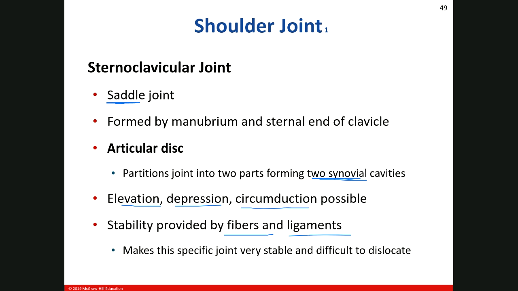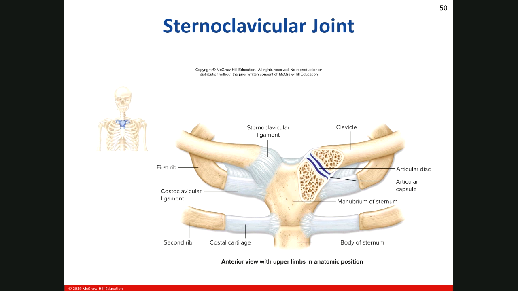What holds this joint together is mainly the ligaments, but also some articular capsule fibers. So it's very difficult for this joint to be dislocated, go figure. When you look at it, you think the clavicle just sits idly on top of the sternum.